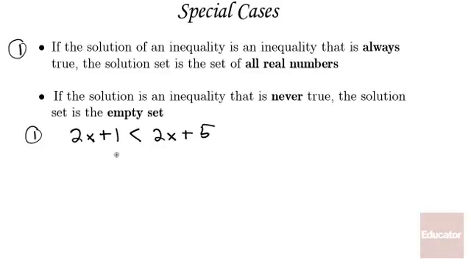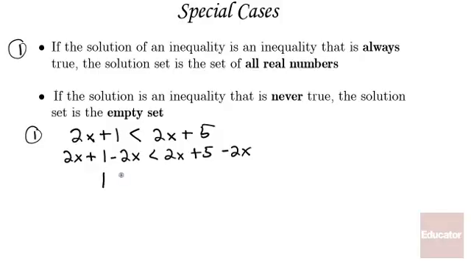So what I'm going to do is subtract 2x from both sides because I want to get my variables all together. Since I'm subtracting 2x from both sides and there was a 2x on both sides, the variables drop out. 2x minus 2x, that's gone.